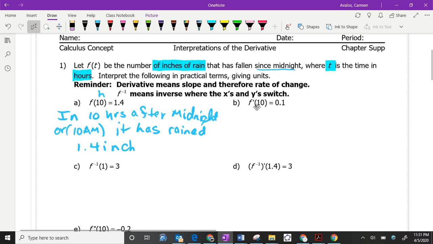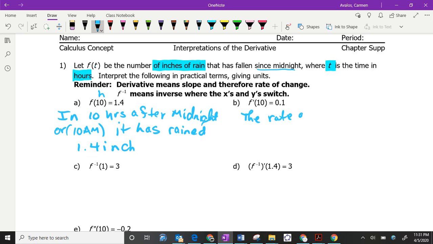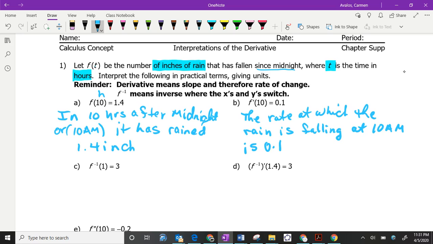So the way we describe this is the rate at which the rain is falling at 10 a.m., or 10 hours after midnight, is 0.1 inches per hour.